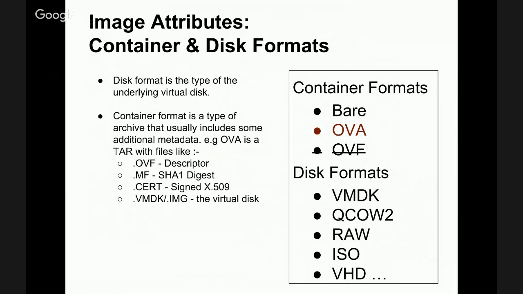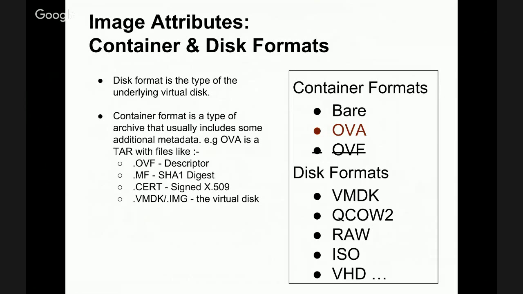So why do we need an OVF? If you have a virtual disk, it contains all the data about the guest operating system, but there are a lot of things that somebody needs to know when they have a virtual disk. For example, what type of guest operating system does this specific disk have, what kind of hardware configuration does it need, and what kind of memory requirements or resource constraints are needed by this virtual disk.